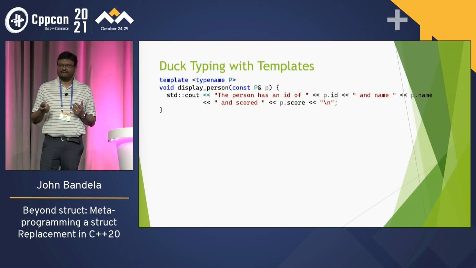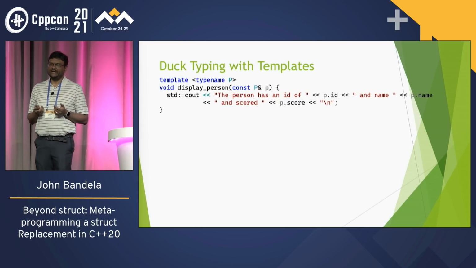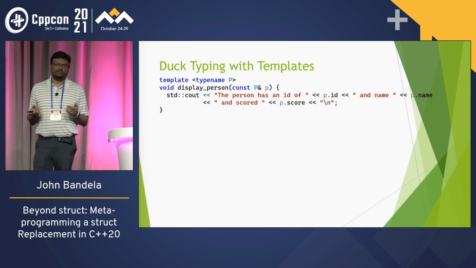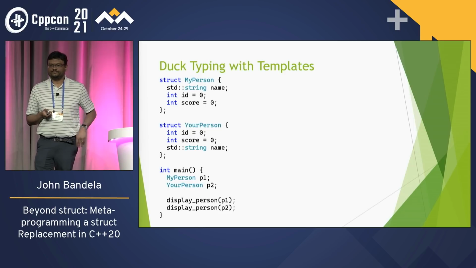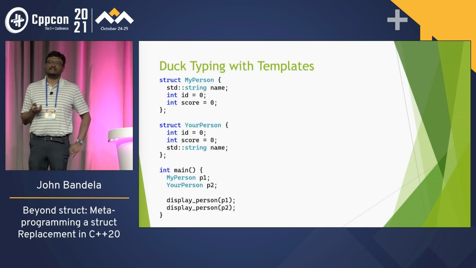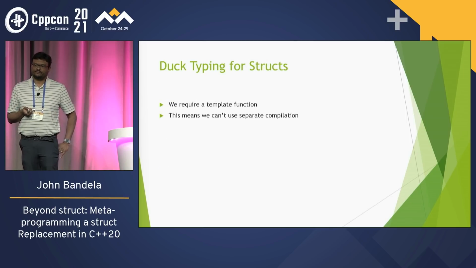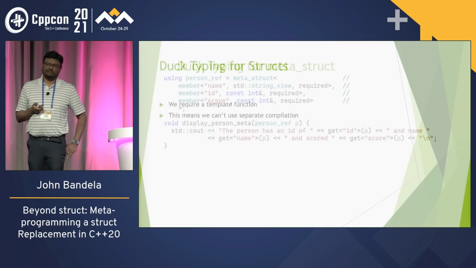We just say, do they have a name? Do they have an ID? Do they have a score? So we can do this. The downside is this is a template function, right? So we can't do separate compilation. We can't just have a declaration and put the definition somewhere else. It has to be there. So this is how we can call it, but again, this has to be an inline definition. We can't use separate compilation.